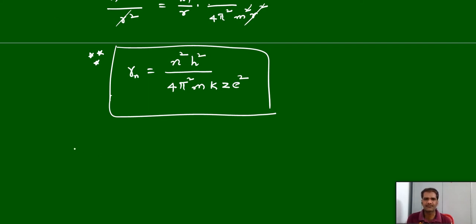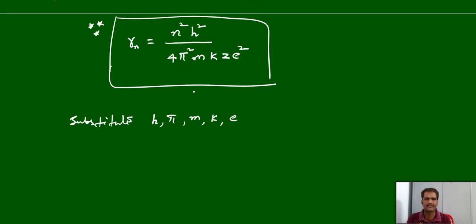Now you substitute the known values. Substitute h value, pi value, m value, k value, and e in the above radius equation. Then that will give the simplification.